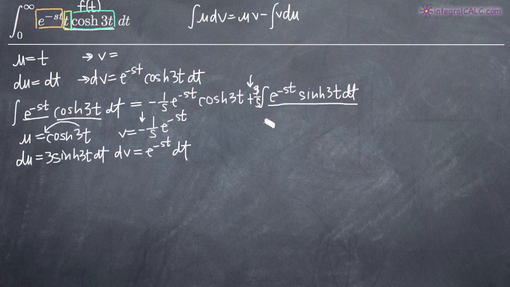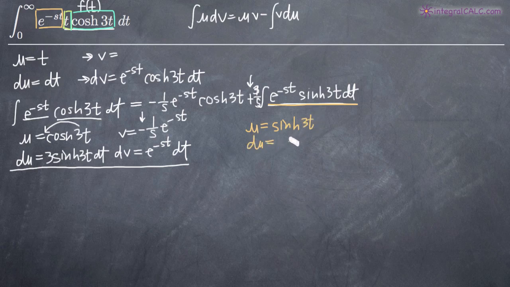So in order to do that, we'll come down here and let's distinguish these two. We'll do it right underneath. So to find this part, we'll set u, again, equal to our trigonometric identity, so hyperbolic sine of 3t.